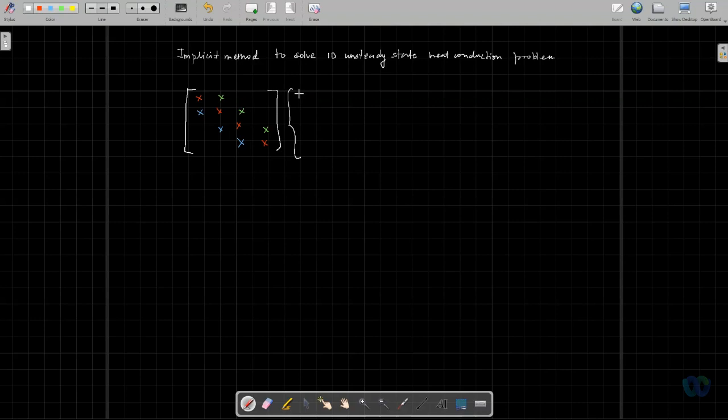With variables, maybe x1, x2, xn, and right-hand side R1, R2, Rn.